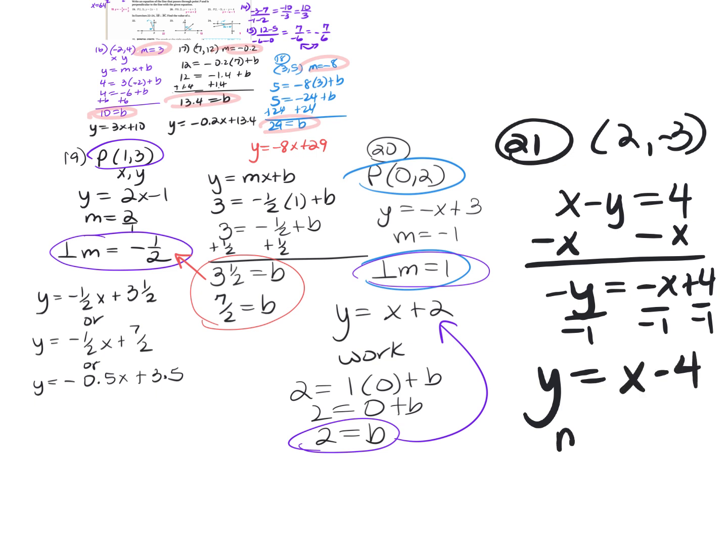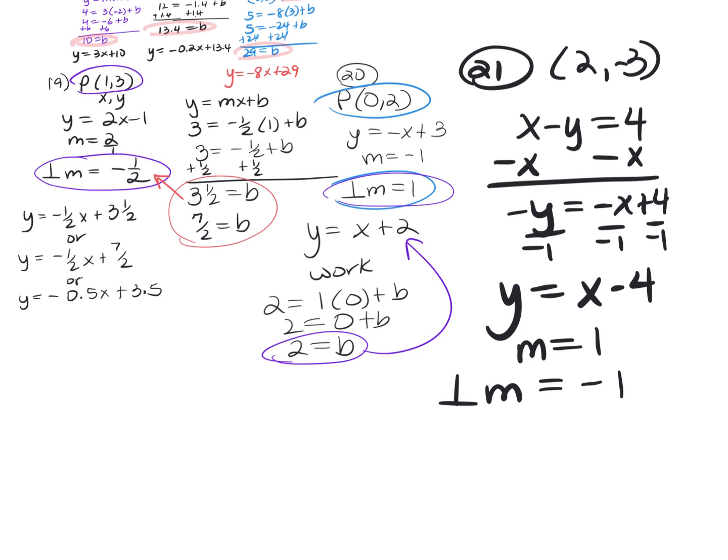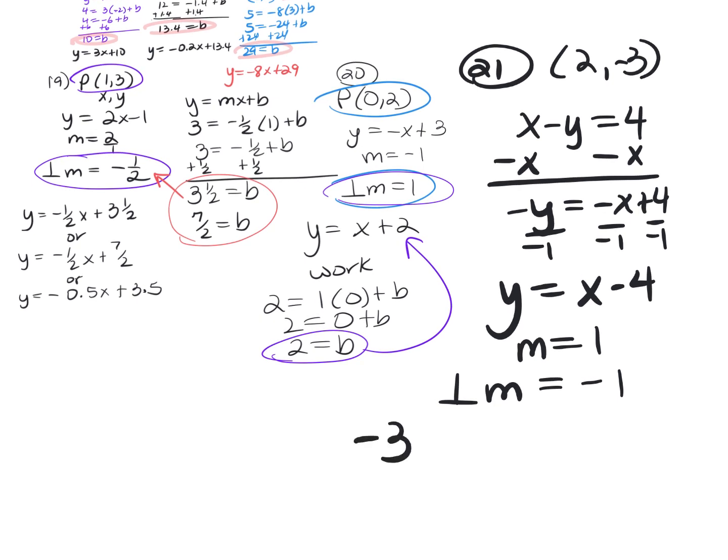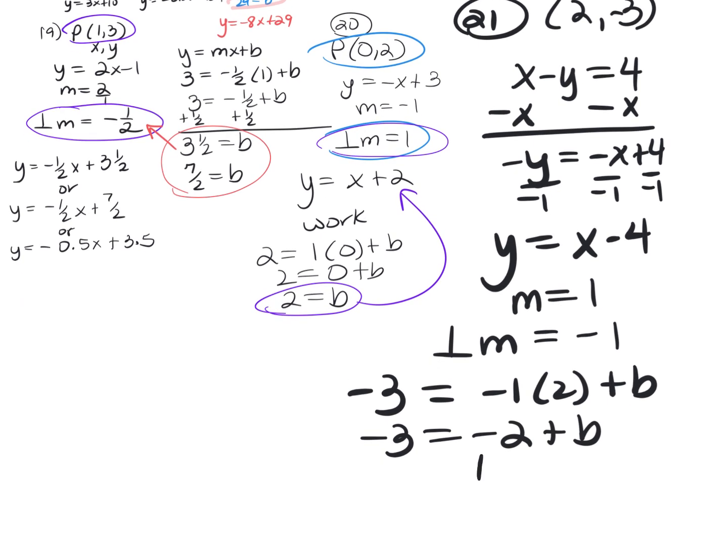So the slope of this line is 1. However, the perpendicular slope is going to be negative 1. I'm now going to plug it in. So negative 3 equals negative 1 times 2 plus b. Negative 3 equals negative 2 plus b. I'm going to add the 2.